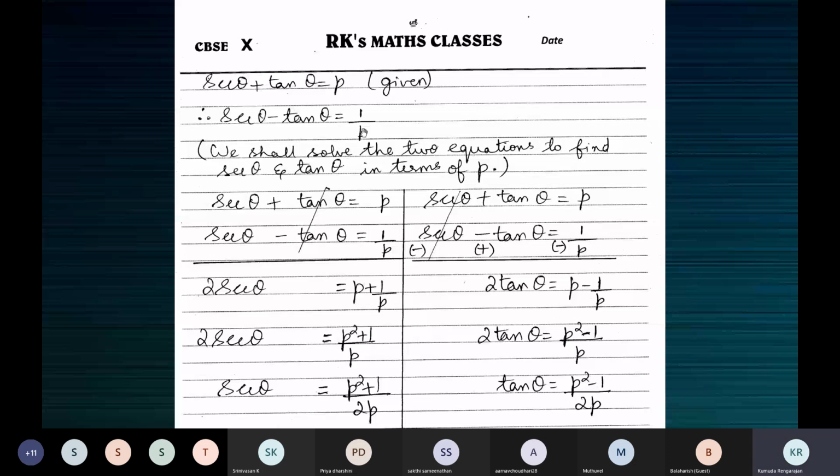We have two equations in secant theta and tan theta. Look at them as two different equations in two variables. When you have two equations in x and y, you solve them and find the values of x and y. So here they are secant theta and tan theta. So solve them and find the expressions for secant theta and tan theta.